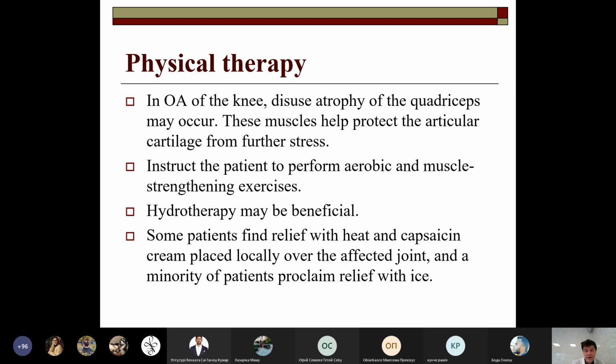Some patients find relief with heat and capsaicin cream applied locally around the joints. For all the affected joints, treating the periarticular and soft tissue can sometimes be quite beneficial. Some patients might find it ineffective, especially people with established osteoporosis.